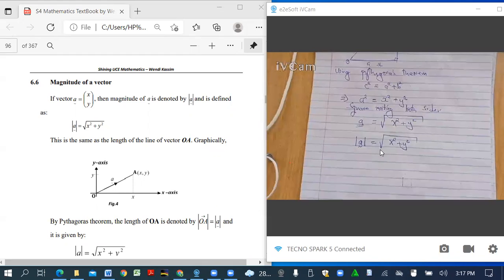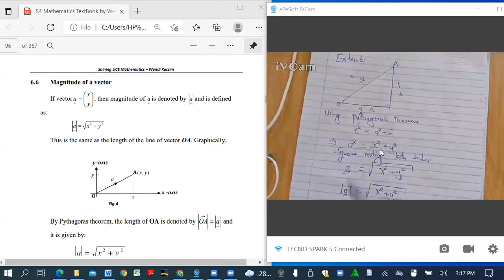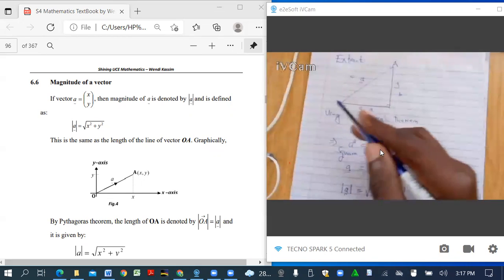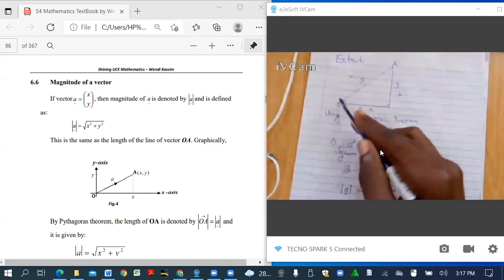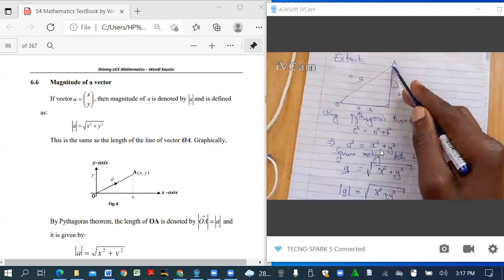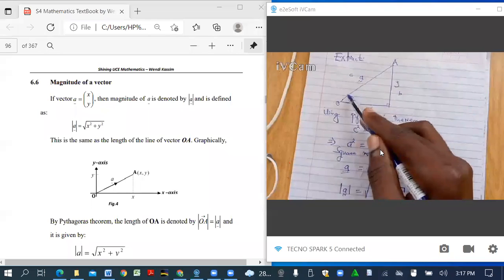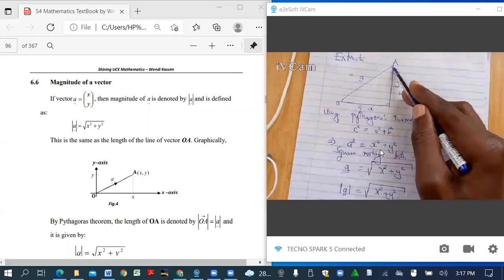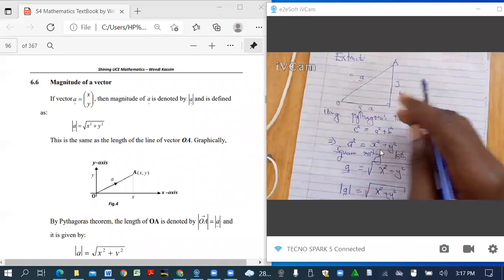Before we move on, remember these lines. If we are using graph paper, we are in a position to count the number of squares to determine the length of this. Remember that each square is a unit.